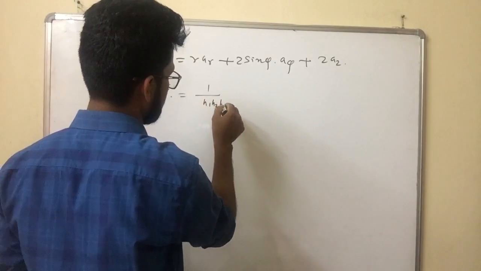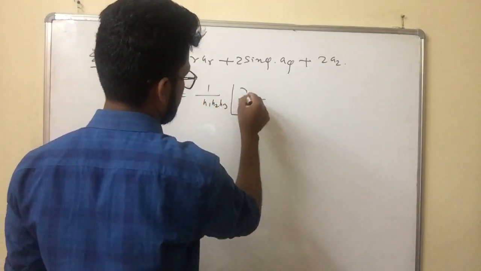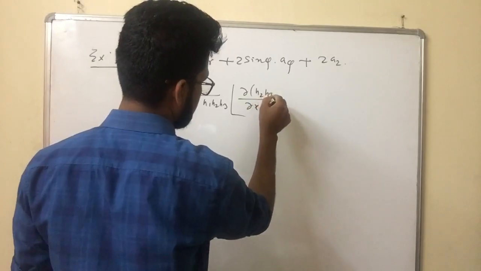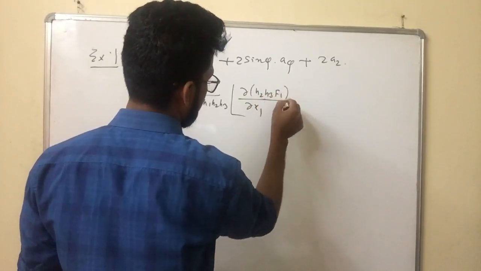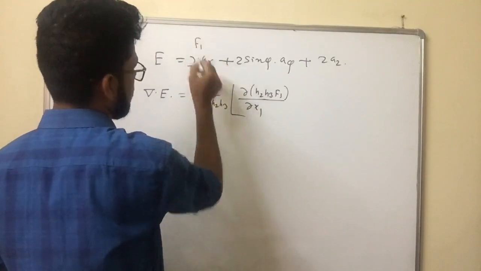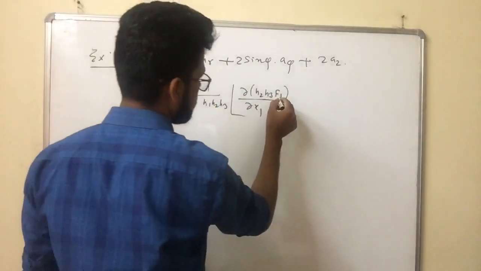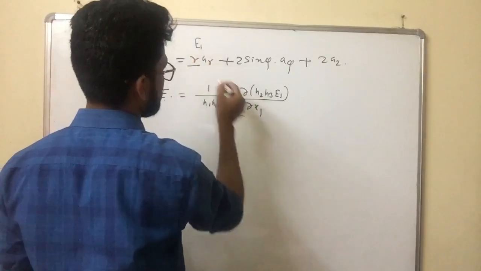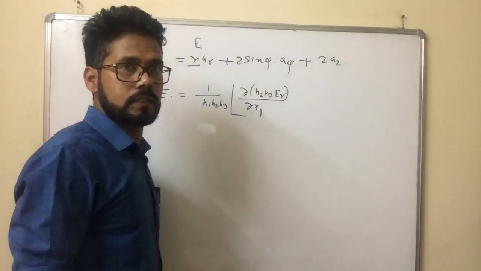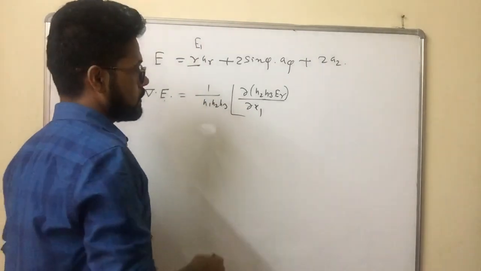H1, H2, H3. When I write H1, X1, H2, H3, F1, F1 means this component. Now I am writing E, so you will write E, or you can simply write the R component. It is better. Once you understand, you will never confuse.